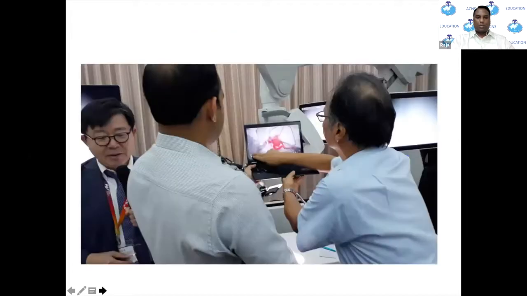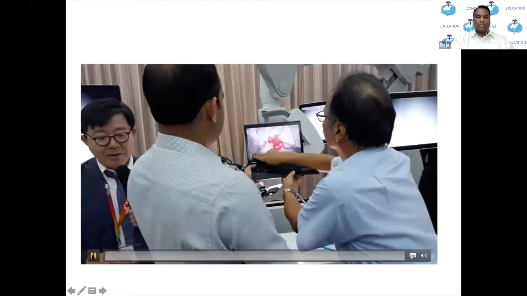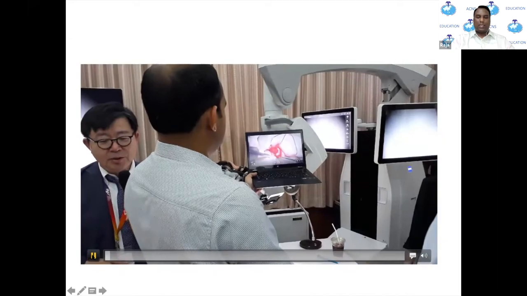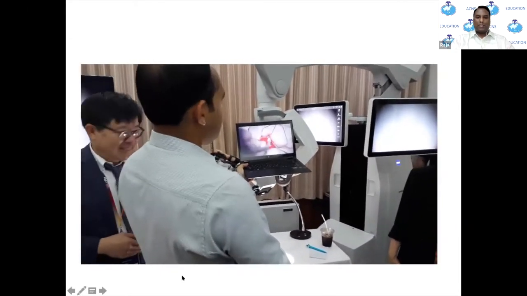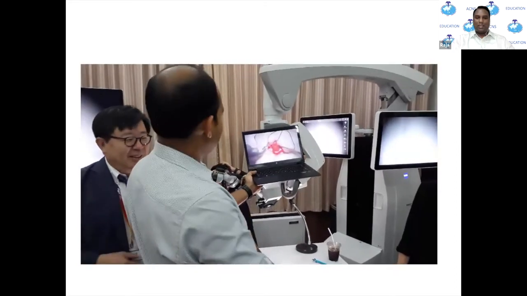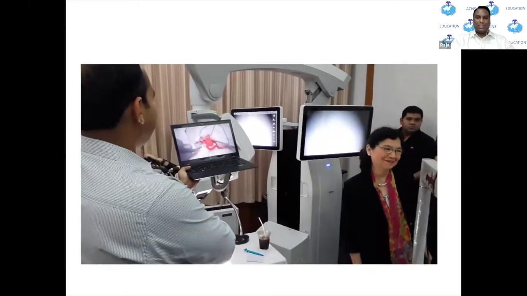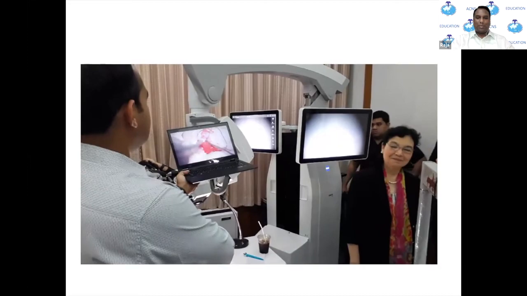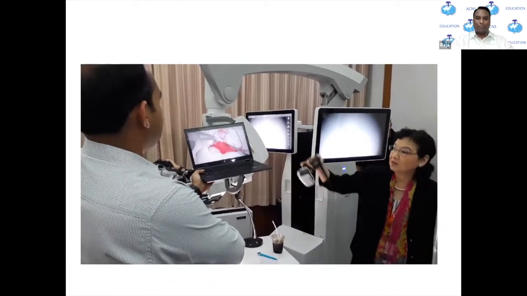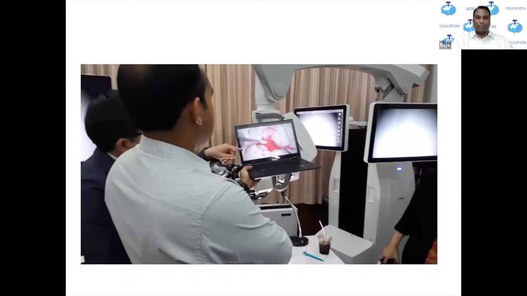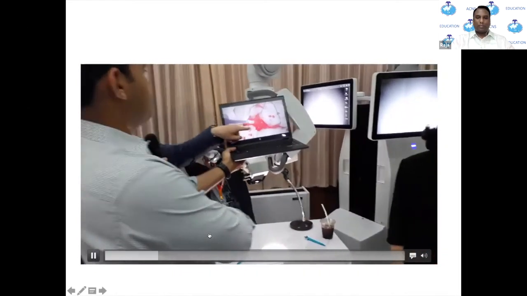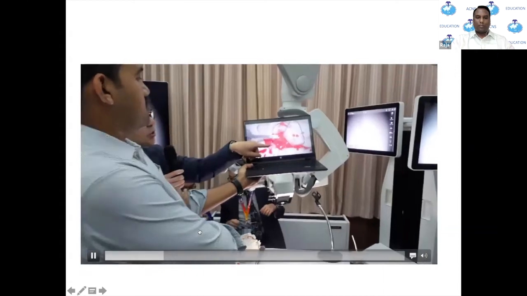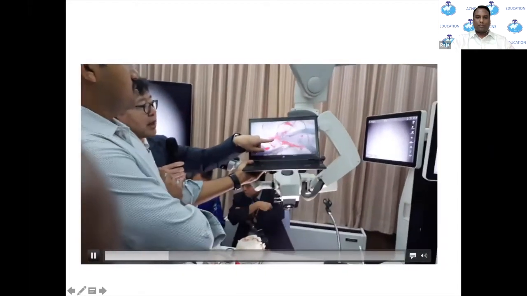I'll just show a clipping. This is Professor Mori, and that is my good friend Sandeep Talari. Sandeep is testing his biceps with the laptop. This is bleeding from the peak of the aneurysm. So first of all, we have to secure the M1.